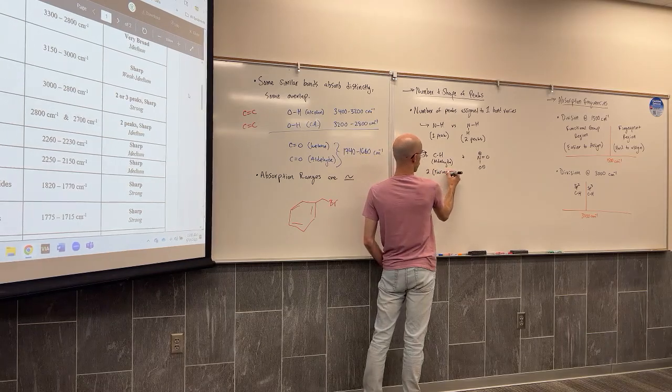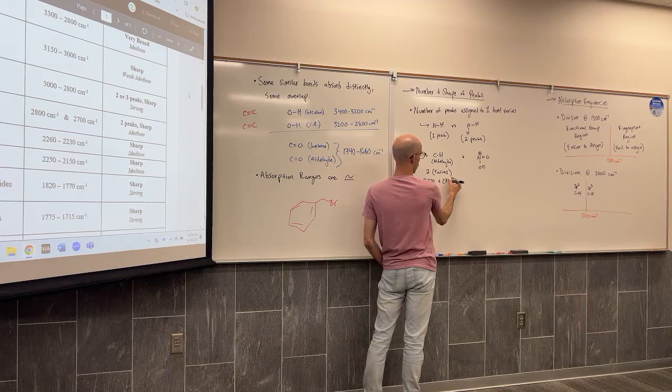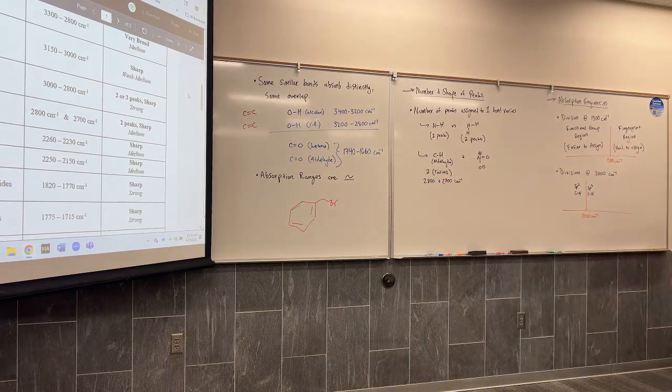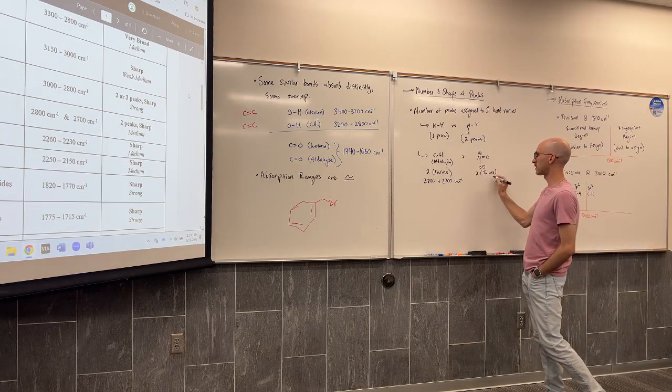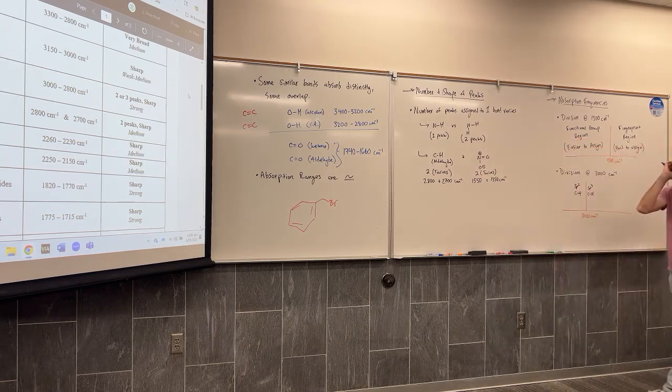I like to call these twin peaks. One at 2800, one at 2700, give or take. Always two, always the same intensity. Always at those values, give or take. The nitro as well: two peaks, equal in intensity, 1500 and 1350 wave numbers. Those are the only ones that are consistently the same.